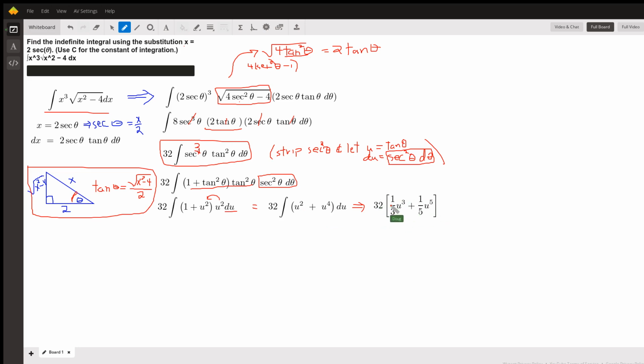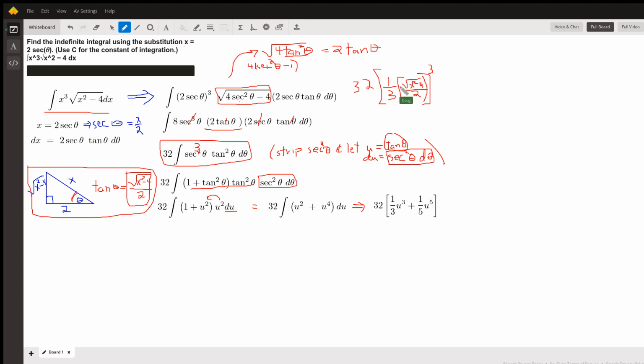And now here's where it gets a little bit tricky. u is the tangent of theta, but the tangent of theta is this expression right here. So we have to write 32 times the quantity 1/3, and u is the tangent of theta, which is the square root of x squared minus 4 over 2, and that quantity is raised to the 3rd power.